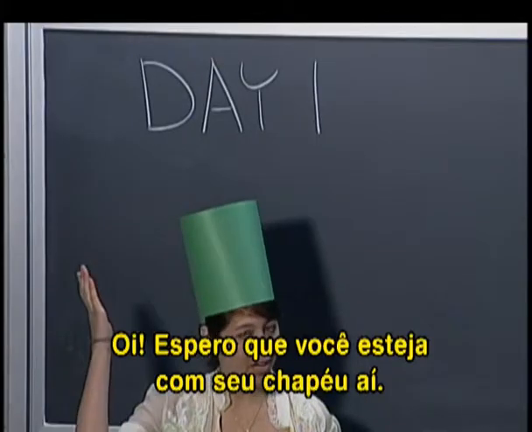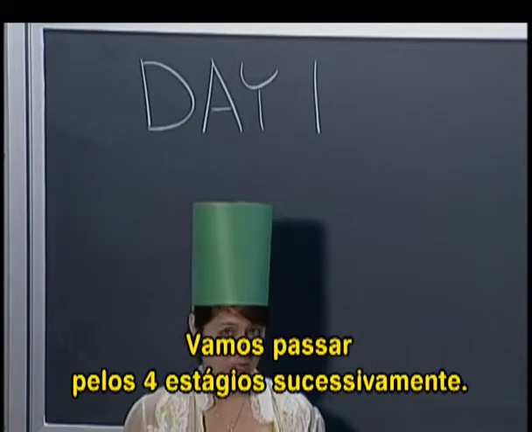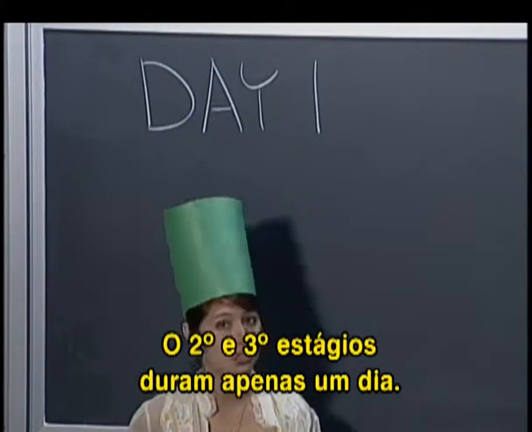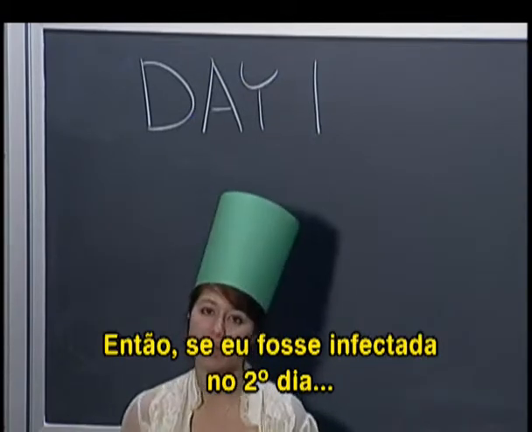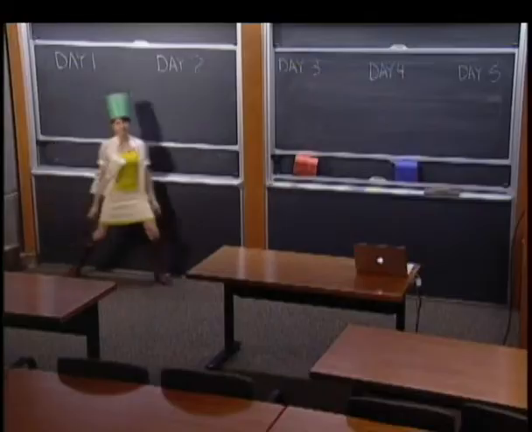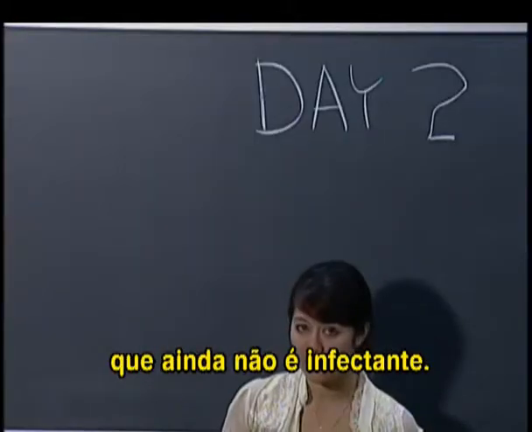Hi, so I hope you guys all have your props ready in hand. You will all progress through these 4 stages in sequence, and stages 2 and 3 last only 1 day each. So, if I were to become infected on day 2, I would remove my hat, as an infected person, not yet infectious.